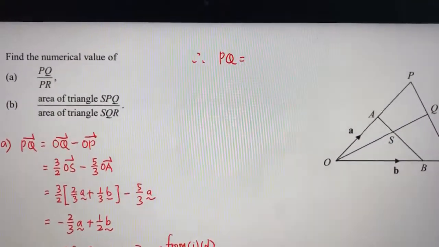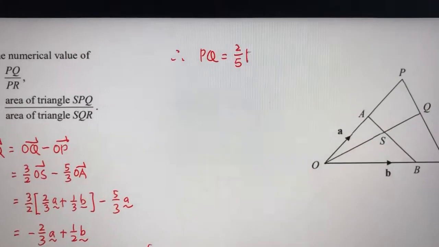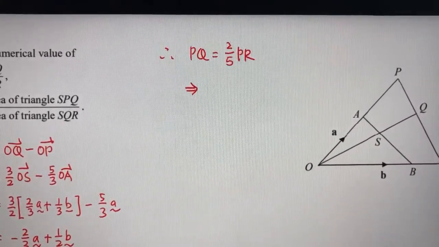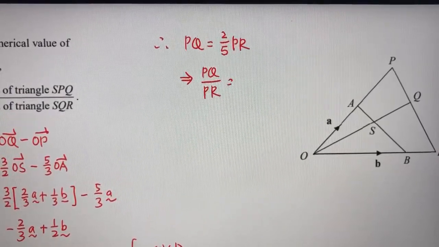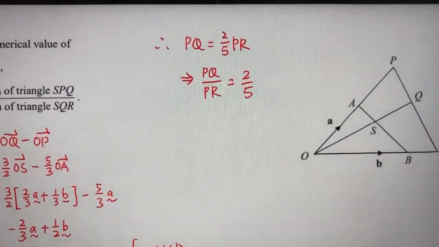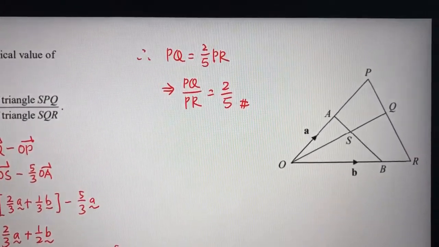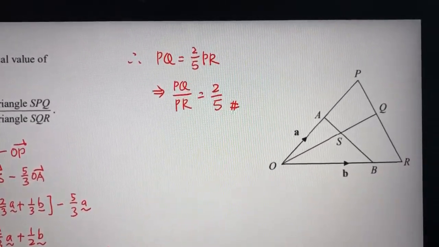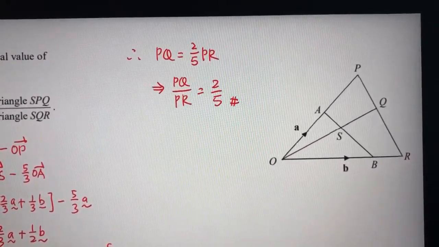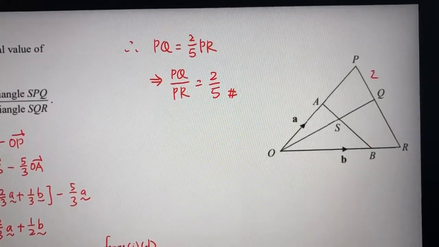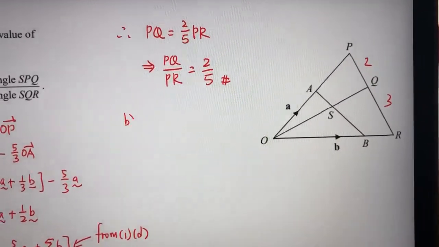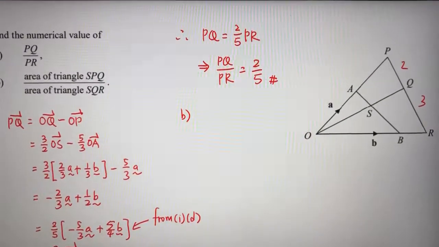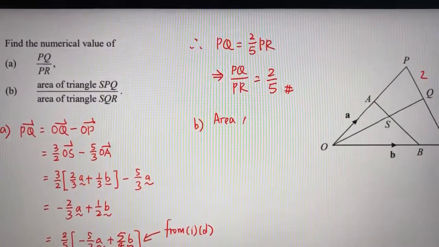So with that in mind, in terms of length, we can also say that PQ is 2/5 times of PR, and that leads us to conclude that the ratio of PQ over PR is 2:5. Now, upon obtaining this ratio, we can reflect this ratio of the length on the diagram. PQ equals 2 units and QR equals 3 units. And this information is very useful for us to solve our part B.